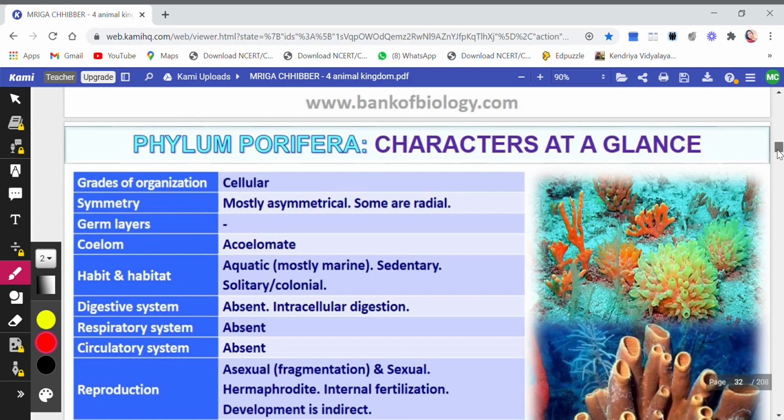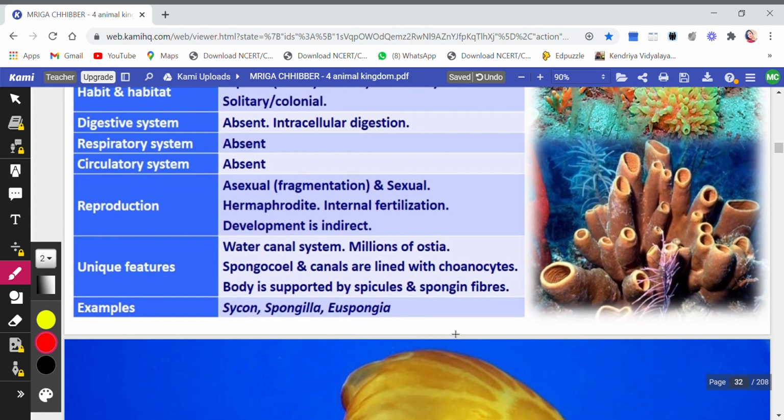A general glance at all the characteristics has been summarized in this table. Organization is mostly asymmetrical, germ layers are not present, coelom is acoelomate, that is no body cavity, and habit and habitat are also mentioned. There is no digestive, respiratory or circulatory system. Reproduction is asexual and sexual both, hermaphrodite because they are bisexual, internal fertilization takes place, and development is indirect.